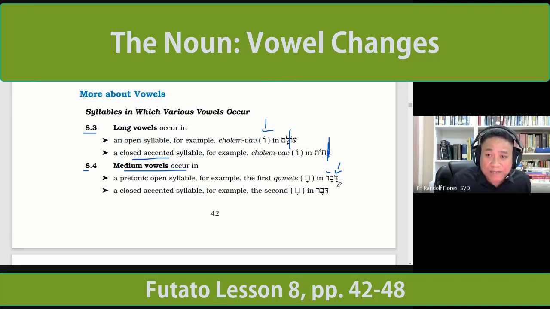A pretonic open syllable is da. A closed accented syllable, for example, the second, var. It's closed with accent, var, because that's the tone. So, okay, variations of the syllables.